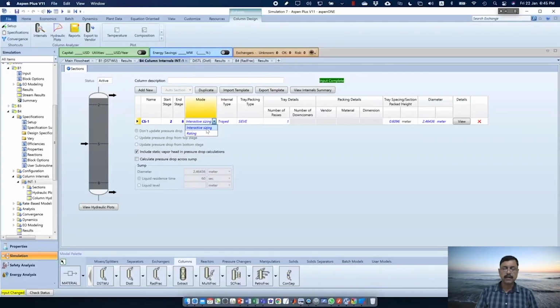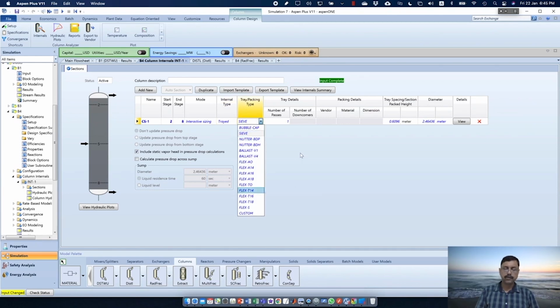Those column internals can be viewed by pressing these details. Internal type can be tray or packed. For the time being, let us choose tray only. Tray type can be sieve, bubble cap, and many other types. For the time being, let us choose sieve.